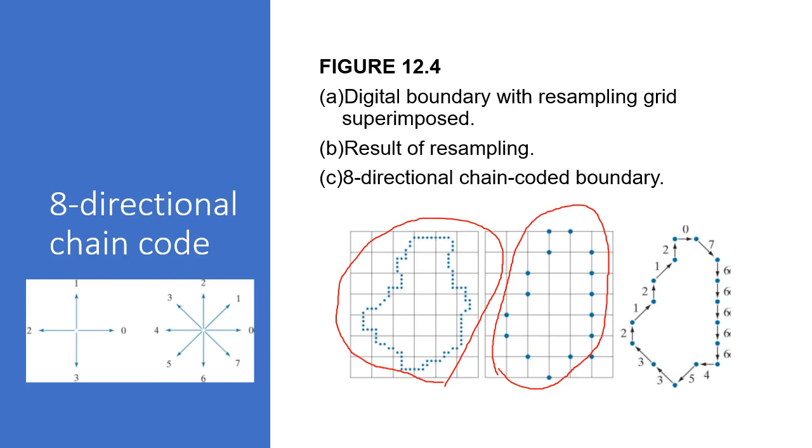And then we encode the number. Let's say we start from this position, which is that position. We are traveling in the clockwise direction.